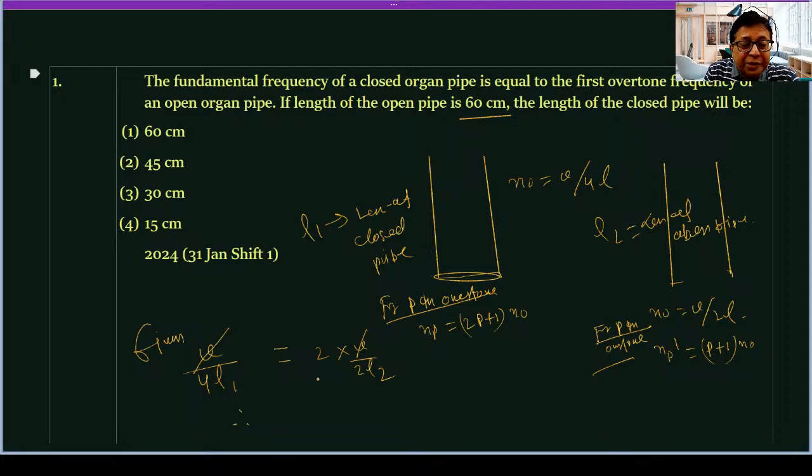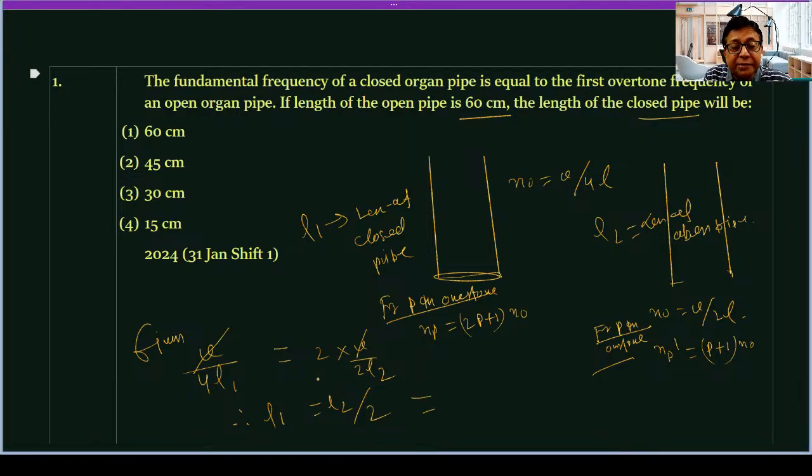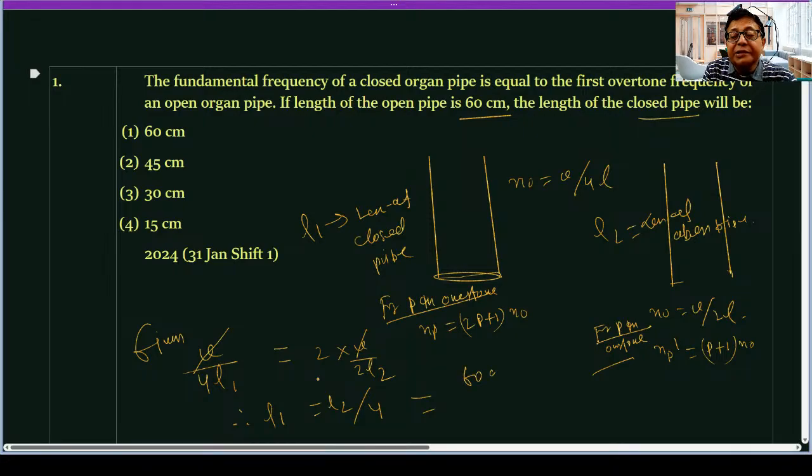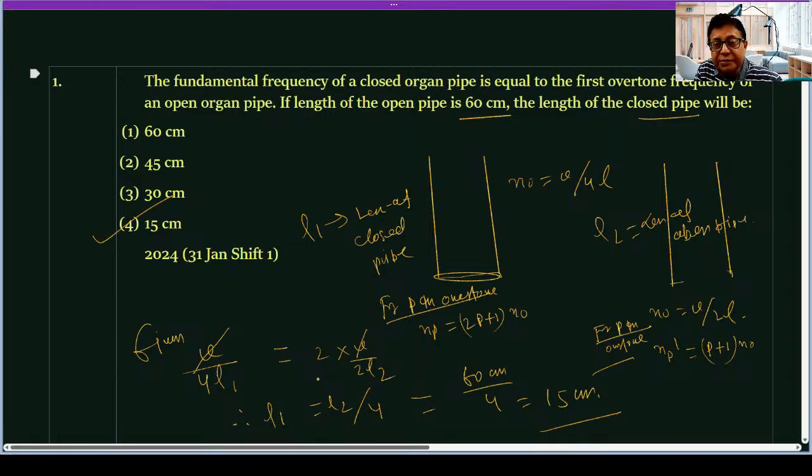I have to find the length of the closed pipe, that means L1. L1 from this relation is L2 by 4, sorry, not 2. L2 is given. How much? This is 60 centimeter by 4, that is 15 centimeter. This option is correct.